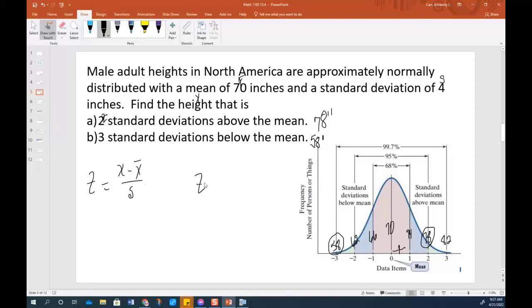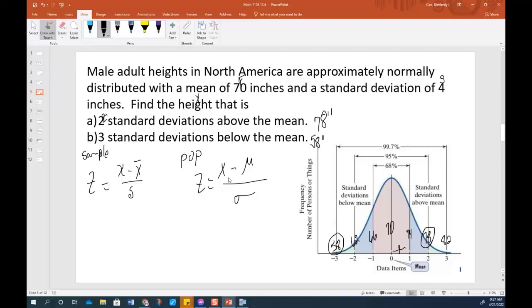Or in terms of the entire population, that would be a value from the population minus the mean of the population over the standard deviation of the population. So these are really the same two things. It's just this one is for a sample and this one's for a population.